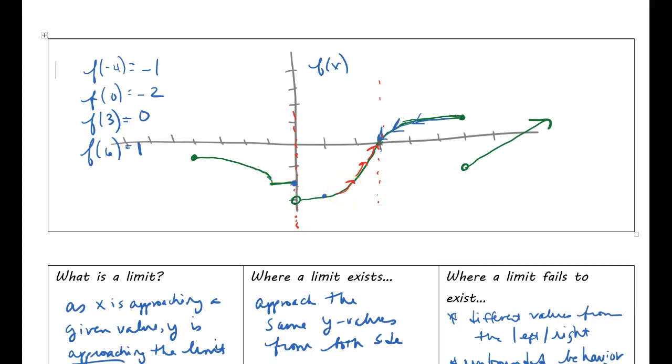So, if I move, I'll use my highlighter on this. Okay, if I want to go from the right, which is what the first one was, I go to the right of the red line and look at what piece of graph that I'm on. Okay, it's right here, and I'm headed down this way. So my graph is trying to get to whatever that y value is, which it looks like it's a 1, 2, 3, a negative 3.